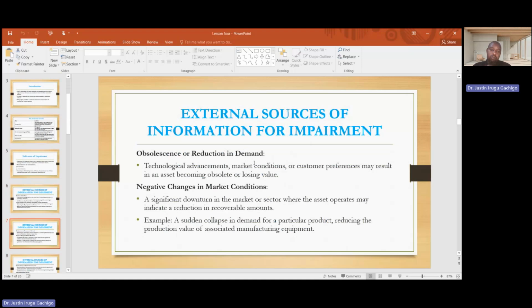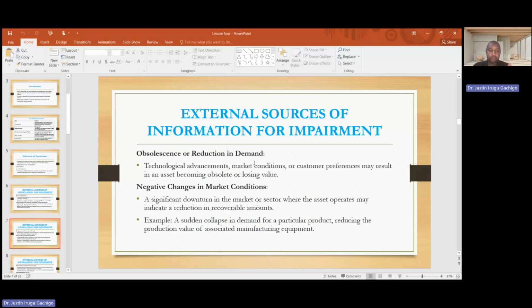Negative changes in the market condition. We can have a significant downturn in the market or sector where the asset operates, which may indicate a reduction in recoverable amount. Example, a sudden collapse in demand for a particular good, reducing the value of associated manufacturing equipment.